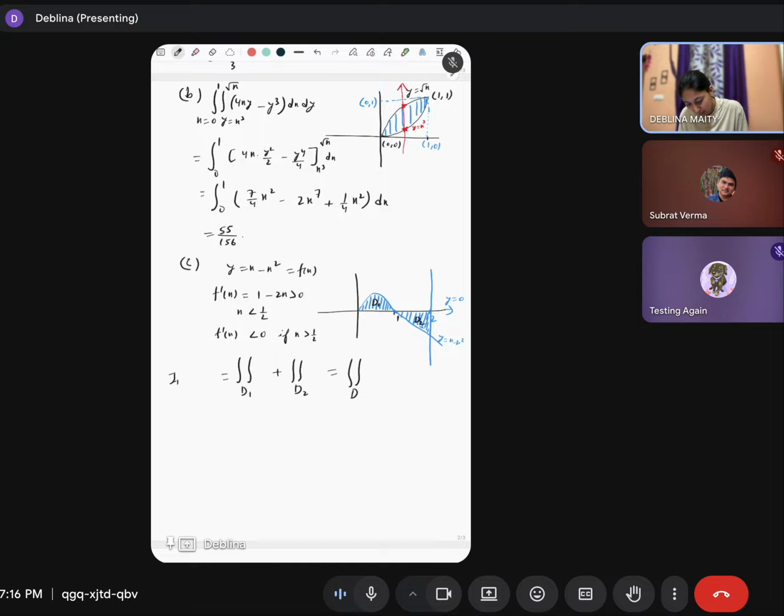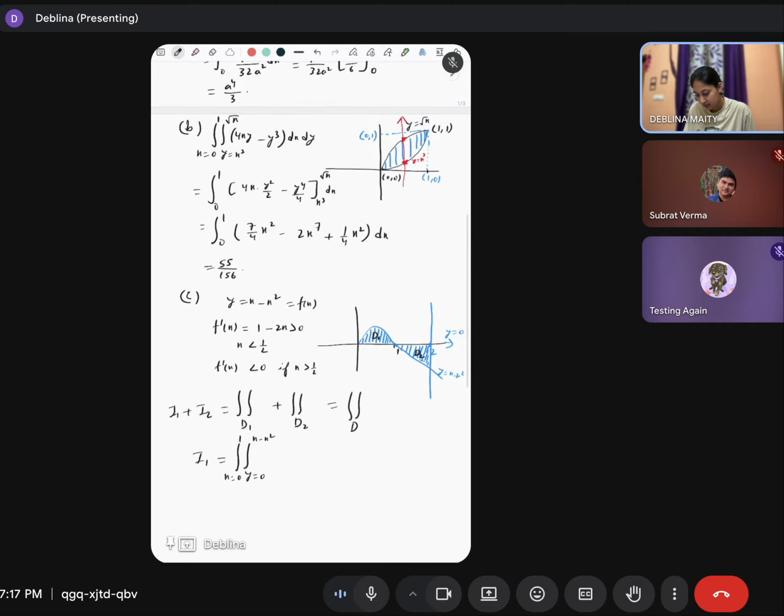Suppose this is I1 plus I2, right? Now I1 is the first one. So x goes from 0 to 1 here, and y runs from 0 to the curve y equals to x minus x square. And the value was what? X square.